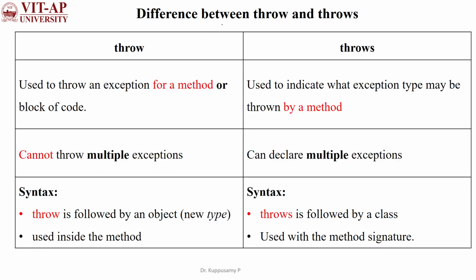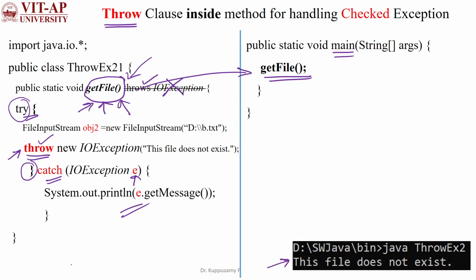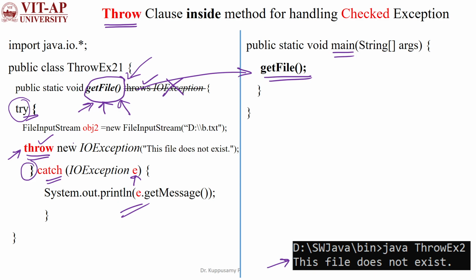Here we have the difference between throw and throws. Throw is used to throw an exception for a method or block of code inside the method. But the throws keyword we use to define in the method signature itself. You see here we are using the throws keyword in the method signature itself, but the throw keyword is used inside the method.